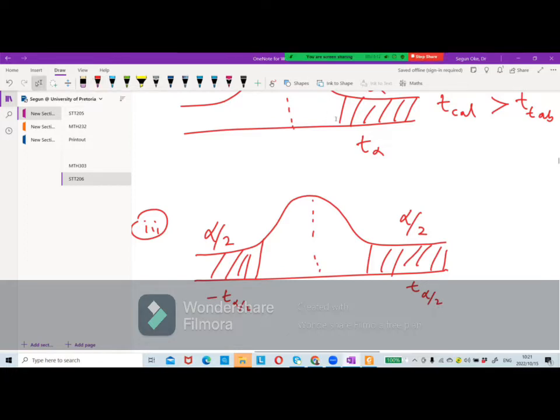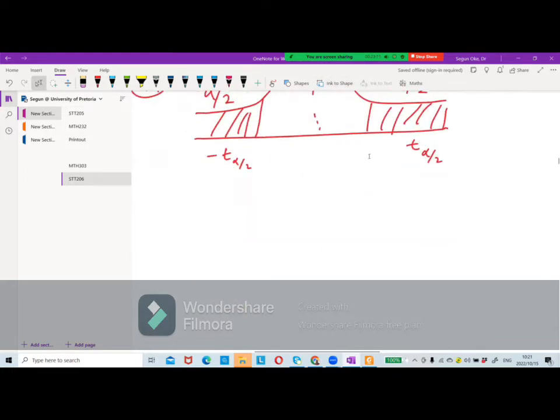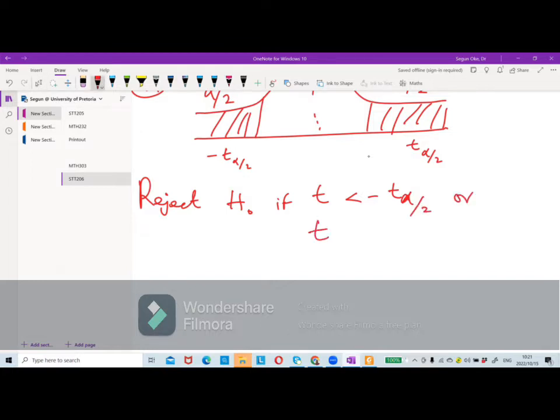So at this point, we reject H naught if T is less than minus T alpha over 2 or T is greater than T alpha over 2. Is that okay now? So at this point, that is when we reject.